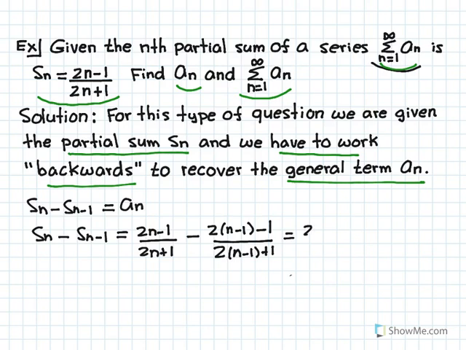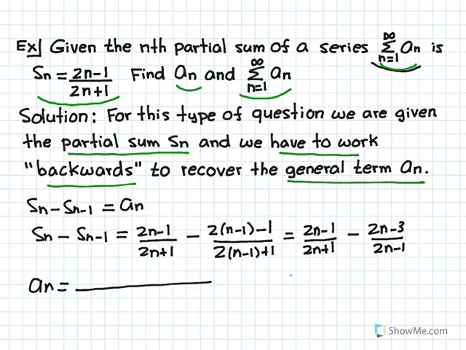If we simplify this, we get (2n minus 1) divided by (2n plus 1), minus (2n minus 3) divided by (2n minus 1). Now an is equal to, let's subtract these two fractions.